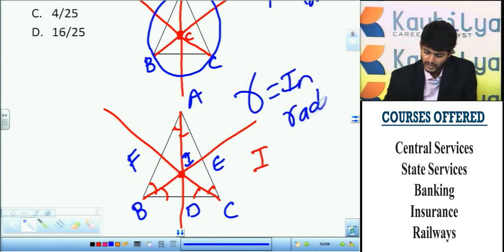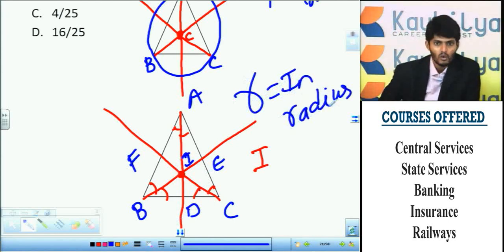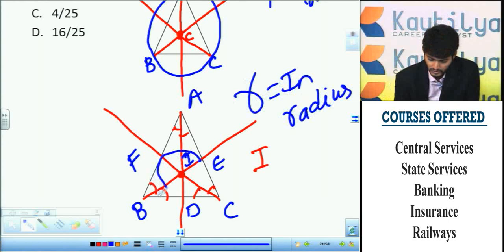This is called your inradius, which is small r. So if I measure ID, IE and IF, and draw a circle using these as the radius, this is called the incircle.